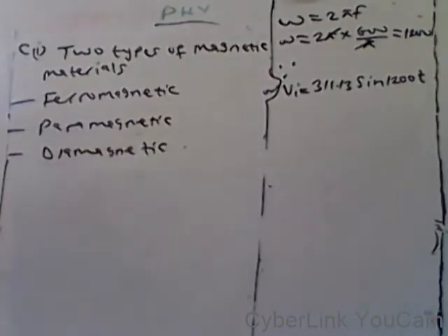So these are the three types of magnet. But the question says you should explain briefly.